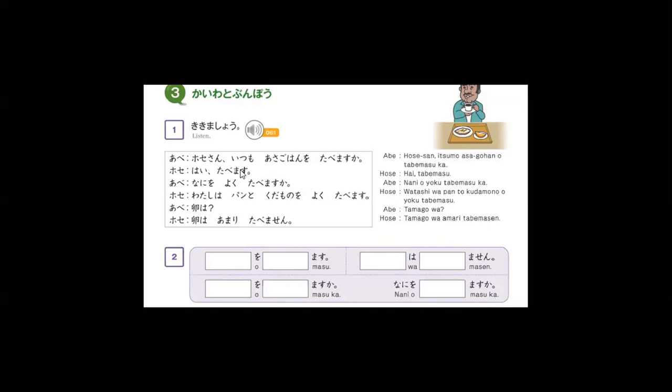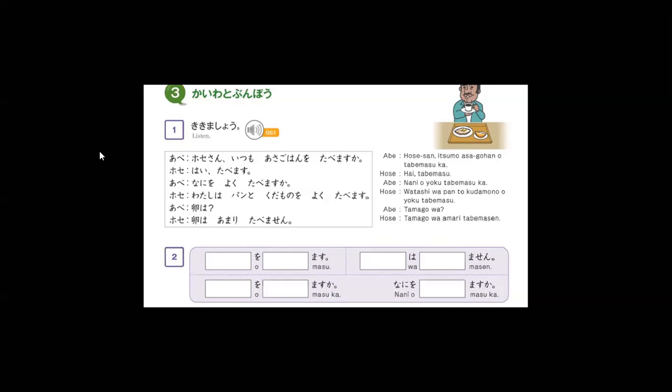ホセさん、いつも朝ごはんを食べますか？はい、食べます。ホセさん is the name. Okay. And いつも means always. 朝ごはん is breakfast. 食べます is a verb. Eat. Do you usually eat breakfast? はい、食べます。Yes, I eat.